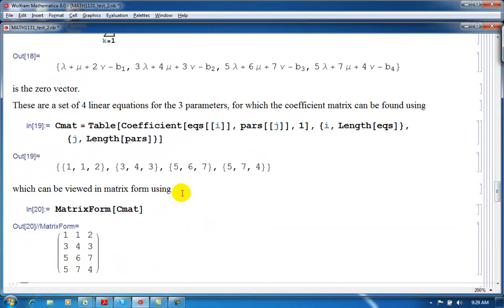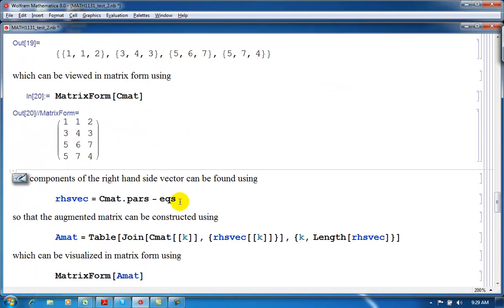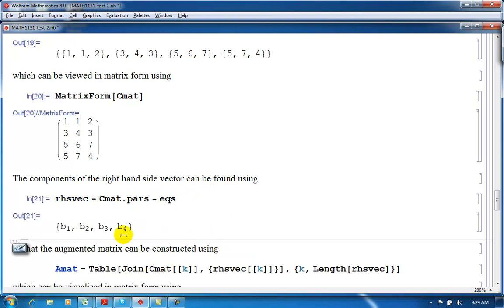So that's the coefficient matrix, and now we want to calculate the right-hand side vector, so we multiply the parameters vector by the coefficient matrix and subtract off the equations, and that will give us those, and of course we knew that.